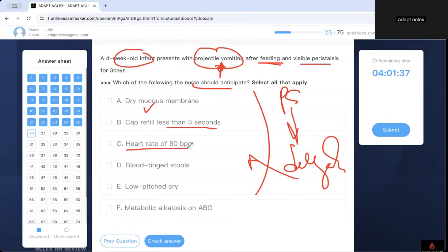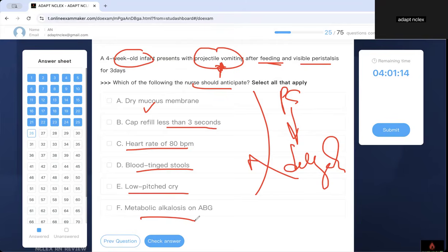Heart rate of 80, what do you think? Does it mean dehydration? Blood in stool, does it mean dehydration and pyloric stenosis? Low pitch cry, does it mean dehydration and pyloric stenosis? Metabolic alkalosis on ABG, what do you think? I want you to put your answer.